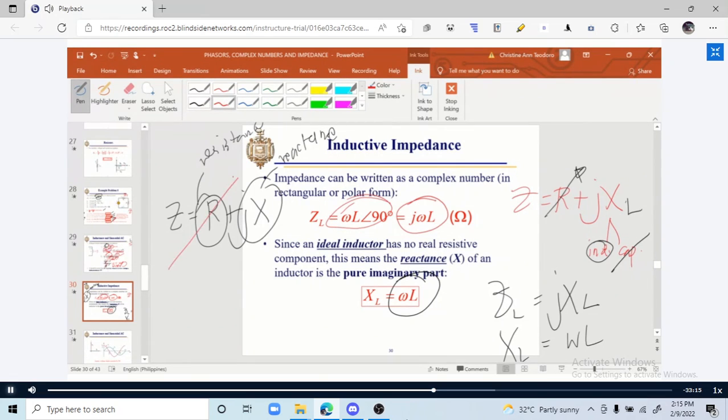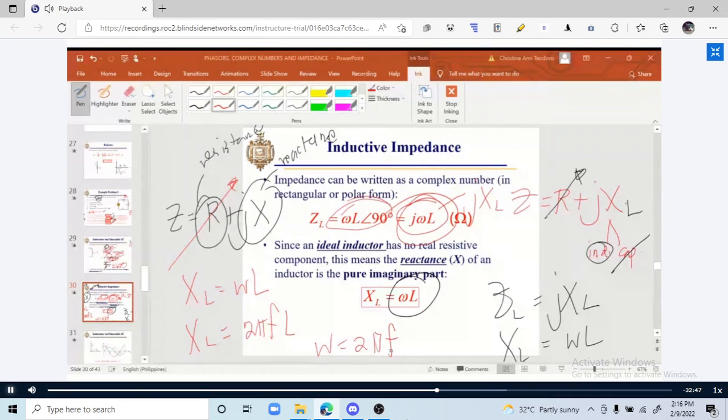Since our load is purely inductive, and our loads are only inductors, there is no real part. That's why it is just j omega L, or we can say that this is just jXL, because XL is equal to omega L, and XL is also equal to 2 pi FL, because omega is equal to 2 pi F.